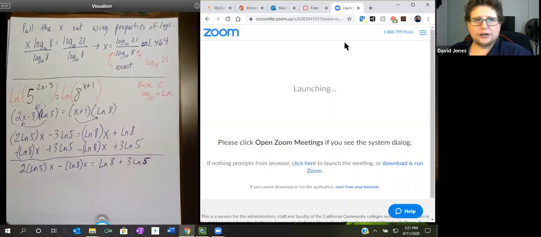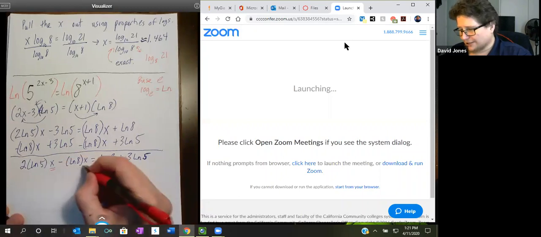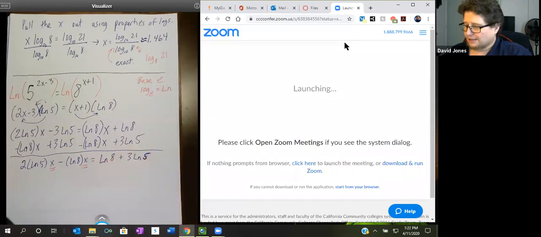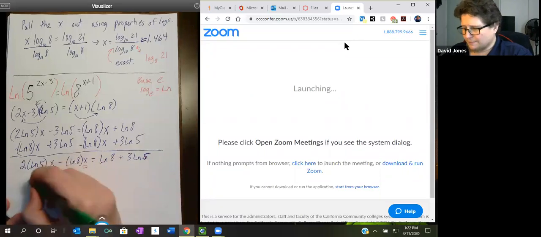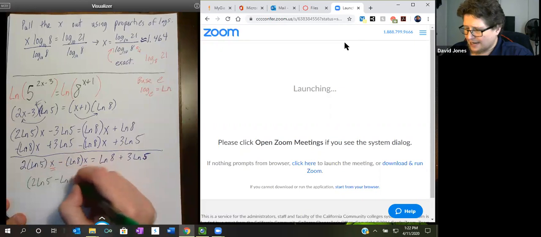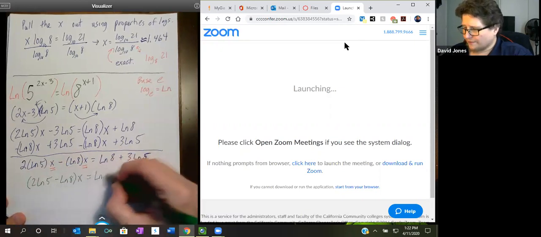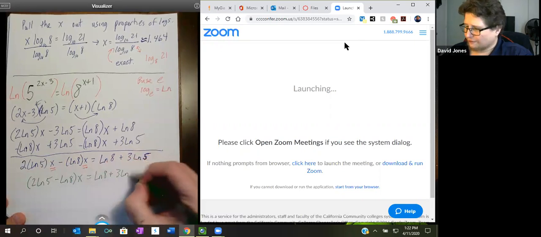This is like one of the tricky problems we did when we were working with finding the inverse. Remember, these both have x's in them, and we can factor that out. This becomes 2 natural log of 5 minus natural log of 8 times x equals natural log of 8 plus 3 natural log of 5.